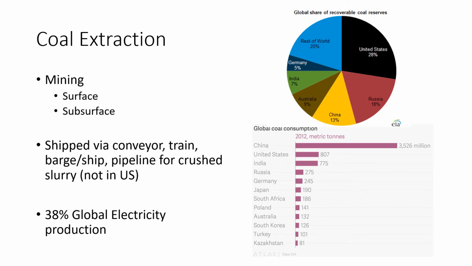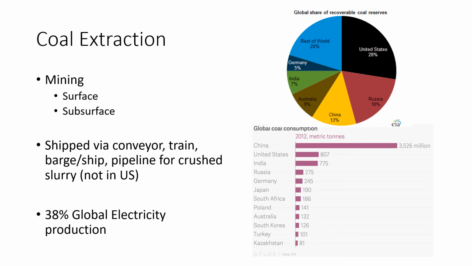So each of these fossil fuels that we can use in this way has to be extracted. And so, like I said before, we extract coal through mining, and we've gone over that extensively. And there's both surface and subsurface mining. And then it's shipped via conveyor belt, train, ship, barge, pipeline.